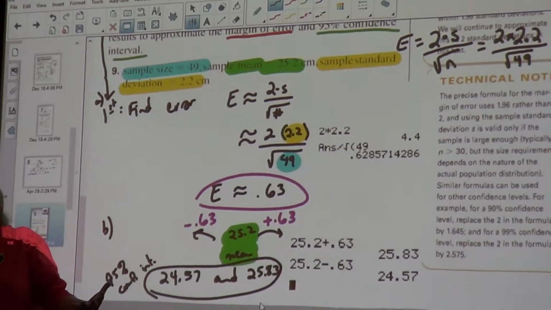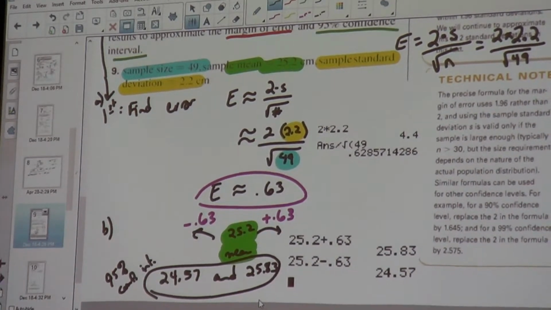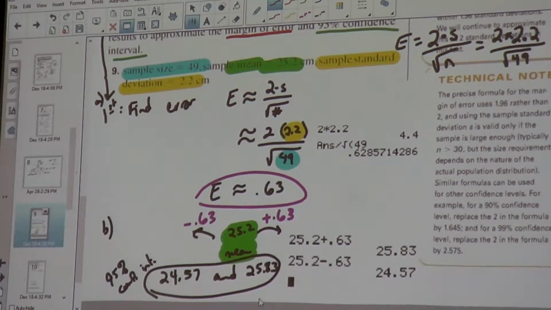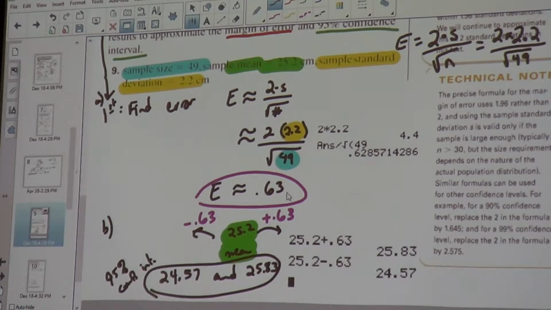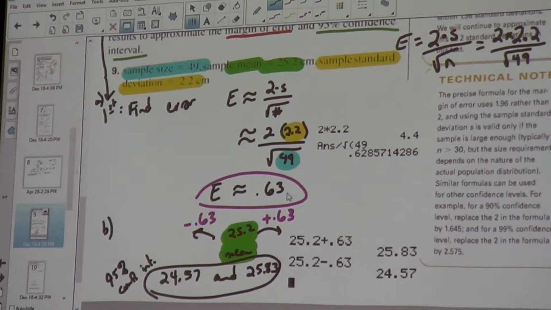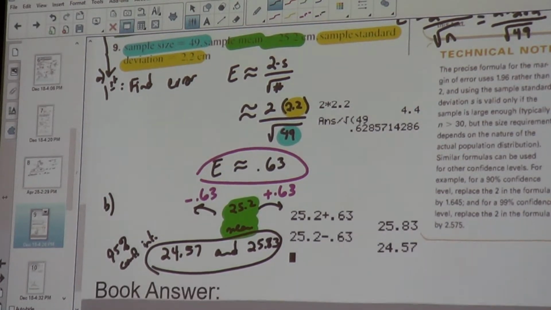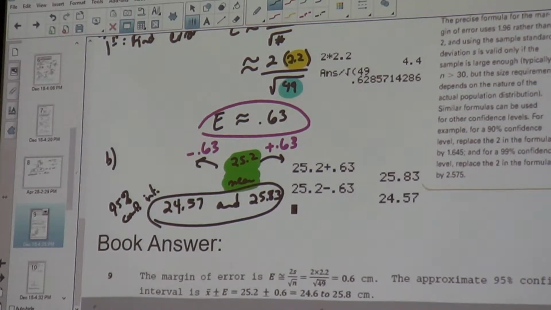So we're still doing the same thing, we're just adding in that extra step of you having to find the error. 2 times the standard deviation divided by the square root of the size of the group gives you your error, and then you wiggle your error off of the mean. Now, just to show you, this is the book's answer.